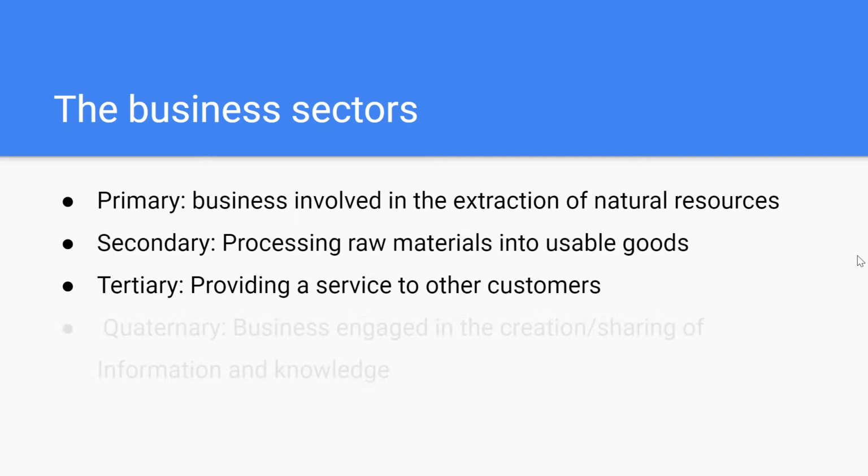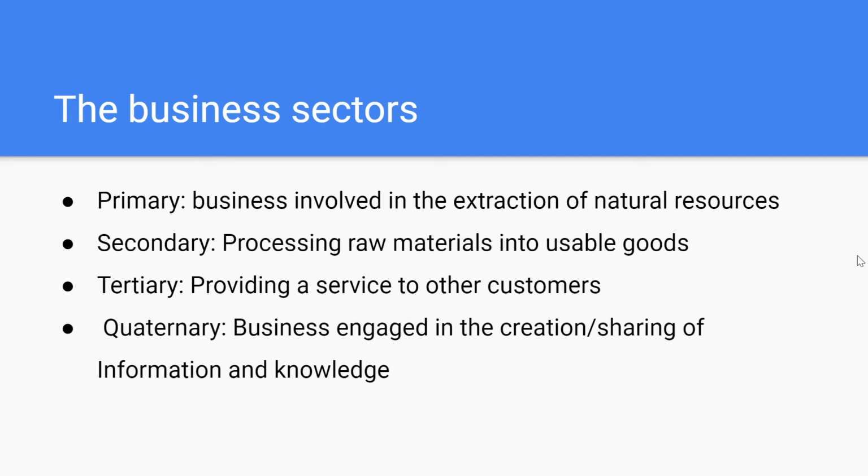And then the quaternary sector is something the IB brought in, and it refers to the businesses engaged in the creation or the sharing of information and knowledge. And this can definitely be seen more nowadays with all these websites that you can subscribe to and they bring knowledge to you. Magazines, for example.